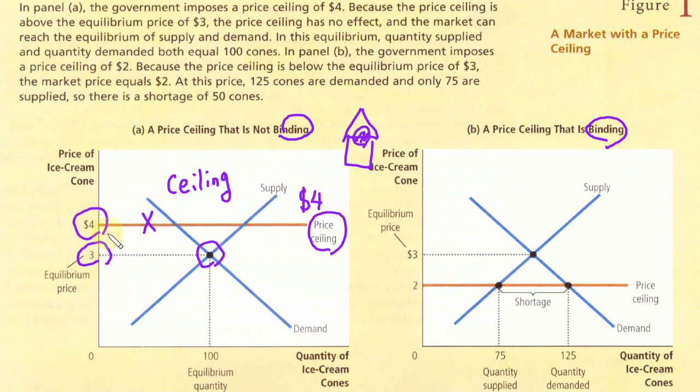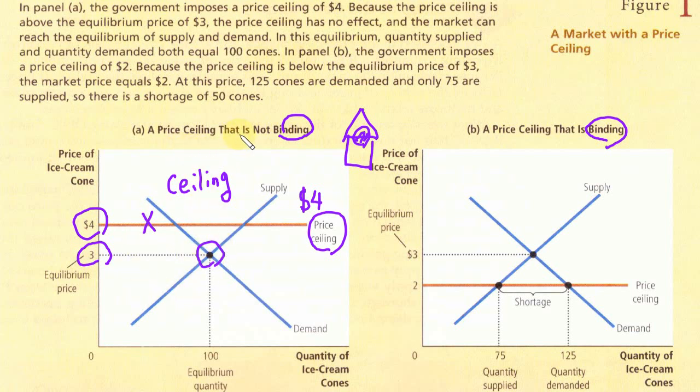The market price is established below 4. So even if the government controls and determines a selling price of $4, it is meaningless because the market price is established under this selling price.